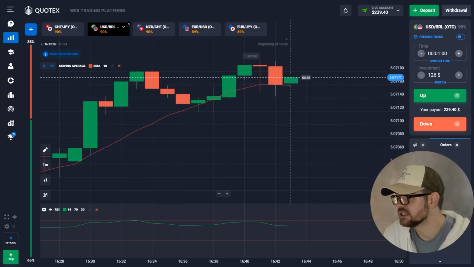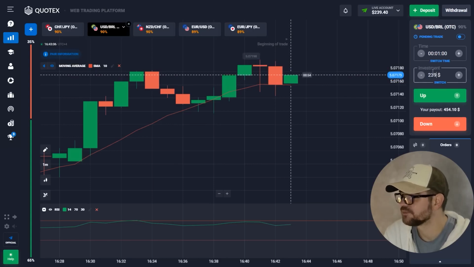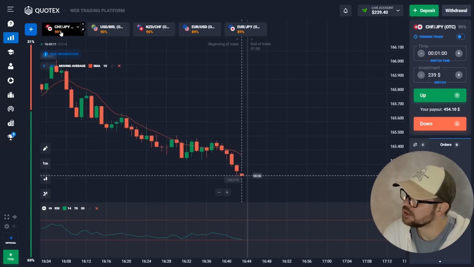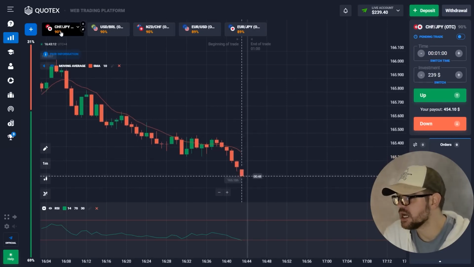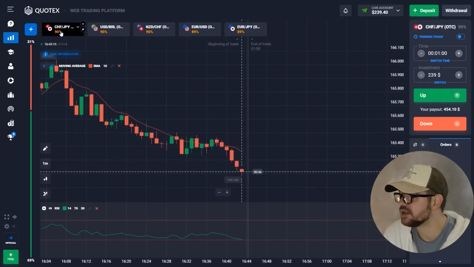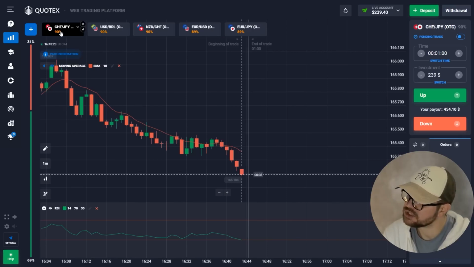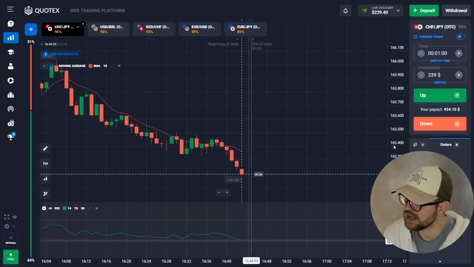Yeah, that looks like it's actually going into a flat. That means it will go up in the end. So let's see. Ooh, there's a nice bearish trend there, and what we're gonna do is I think we're about to see a change of the direction here.